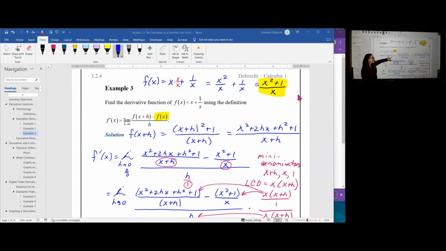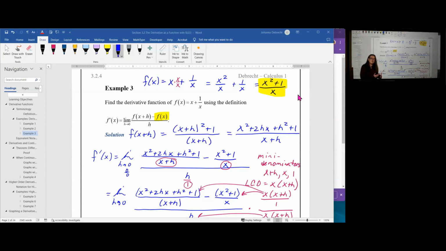First, I found f of x plus h, which means that I take the x plus h and square it according to my new function, plus 1 divided by x plus h. In other words, the first term in the numerator is itself a fraction, and I write it here. Then I subtract the definition of the function, which you see as the second term in the numerator. Then it's all divided by h.